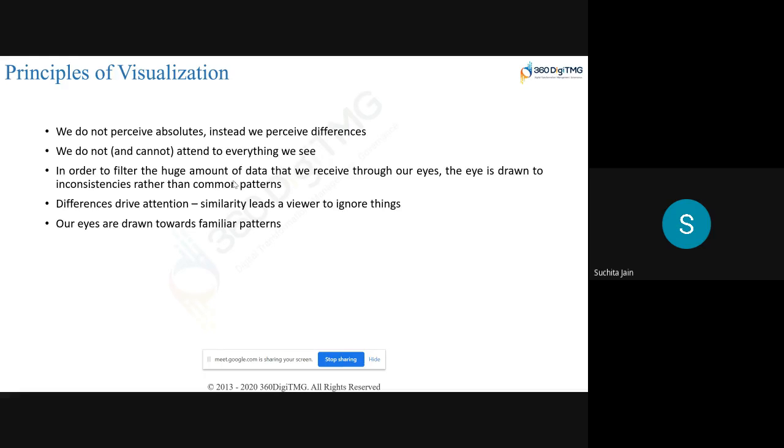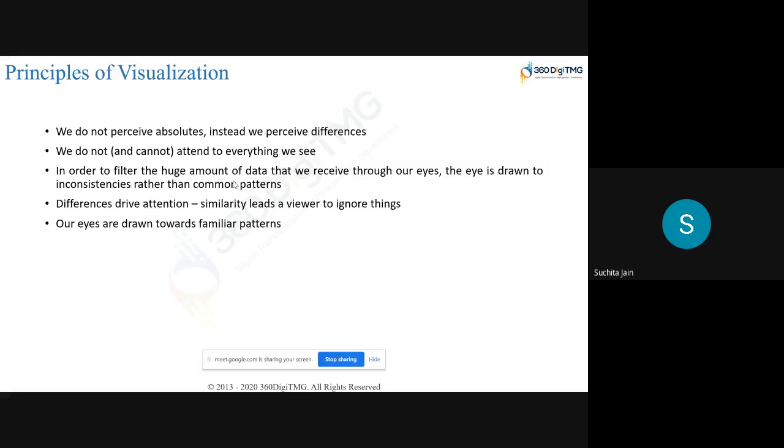Okay, so that is one of the major aspects of data visualization. And we do not and cannot attend to everything we see. Even in a company like Big Bazaar, there are millions of products that they have. So you cannot look at everything. There has to be a business objective to it. Then from that perspective you have to see.